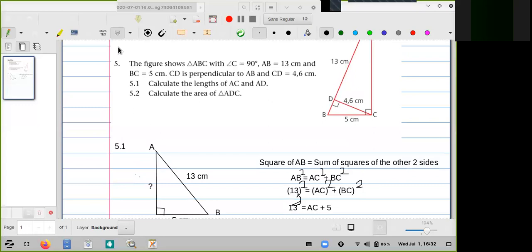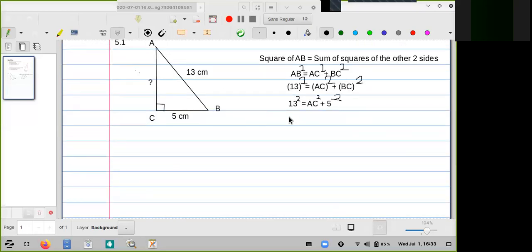So we have our square here, then we also have another square here, then we are also squaring here, right? Now we are going to simplify that part. 13 squared, 13 times 13 gives us what? That's 169.